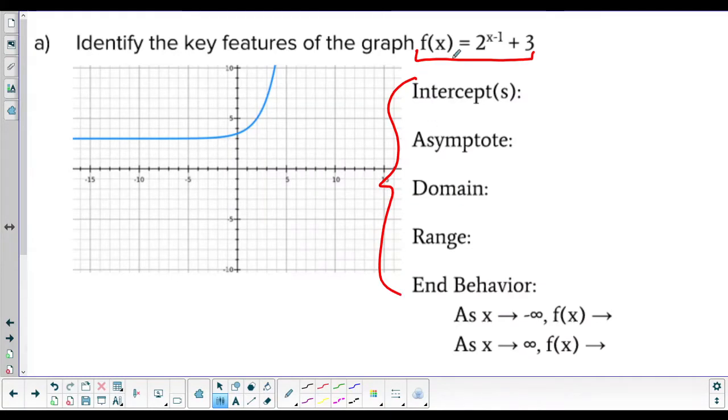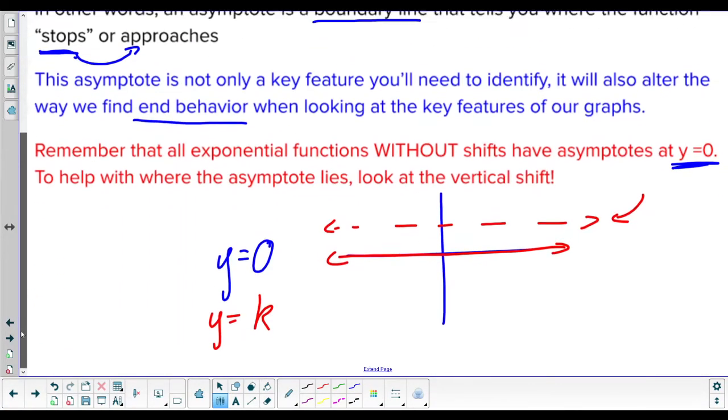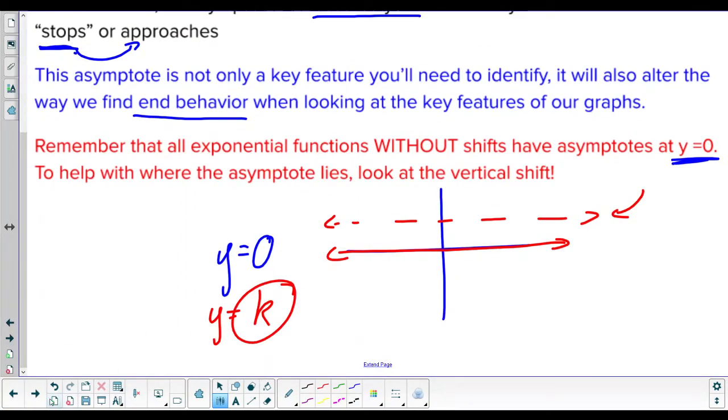So for any exponential growth function, you're going to have some base to the power of x minus h plus k. K is what we talked about back here. K is your vertical shift, and it's going to tell us where our asymptote is.